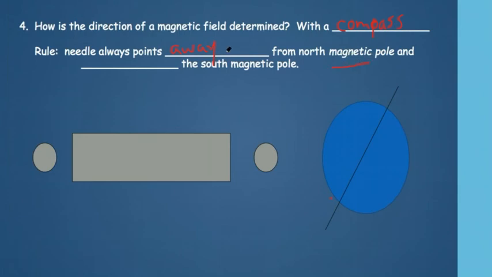Okay, and again, it's away, not toward, and toward the south magnetic pole. So this seems to contradict what we often hear, that compasses point towards the north.